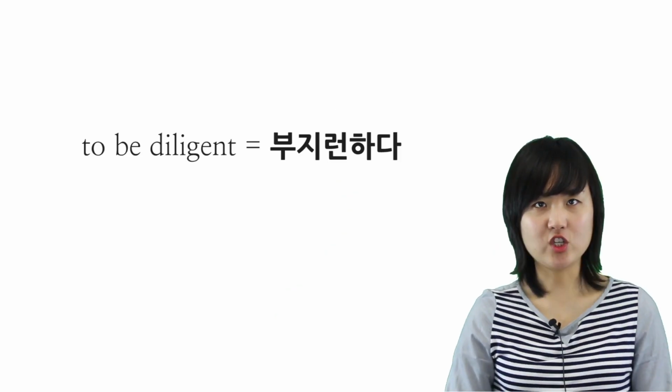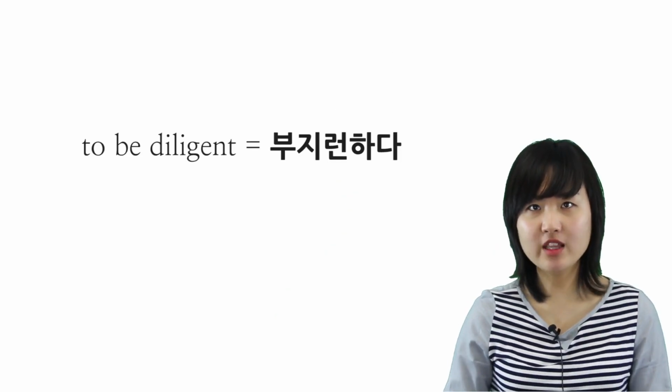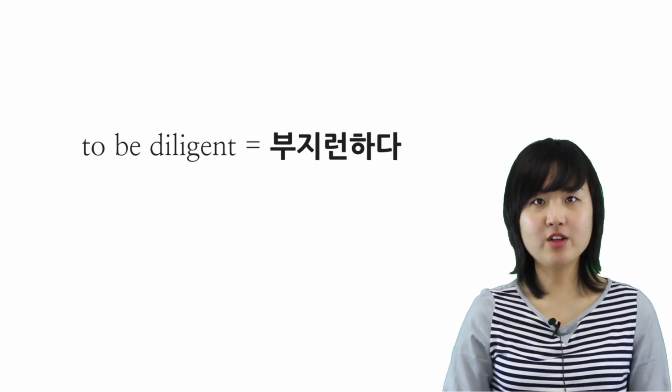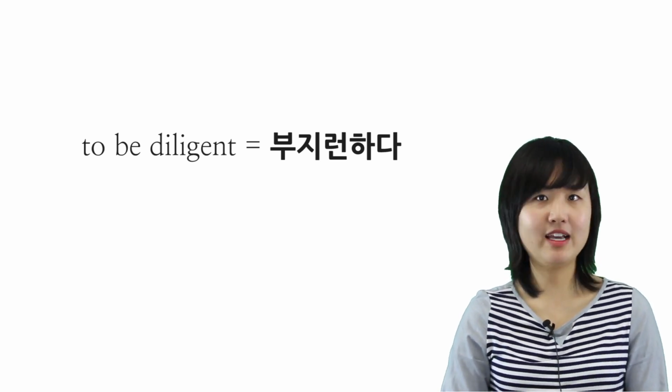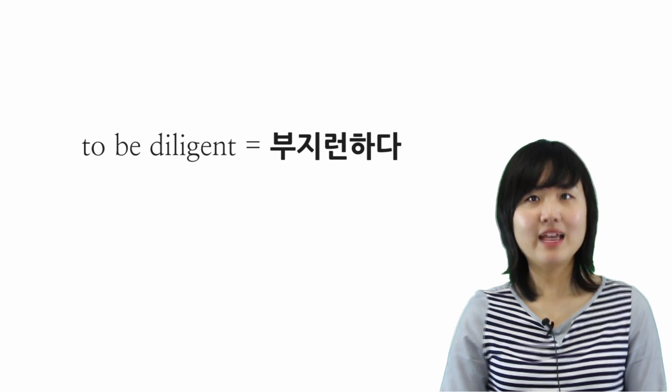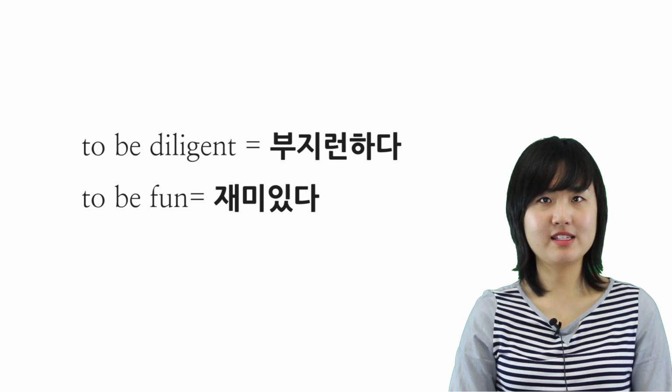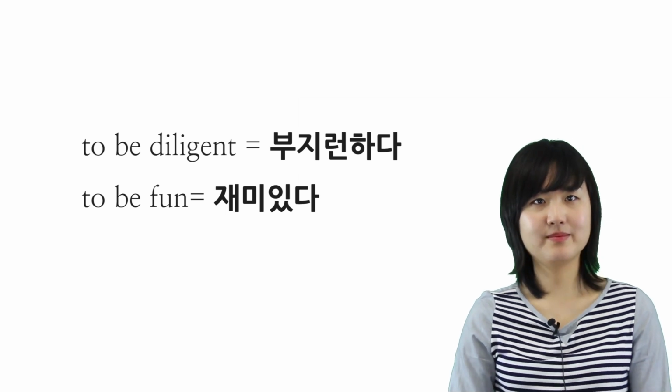And the noun modifier comes from a verb. For example, from the first example, the diligent is 부지런하다, a Korean verb. So we need to conjugate properly to modify the noun. The second word is the same, fun. Fun is 재미있다.